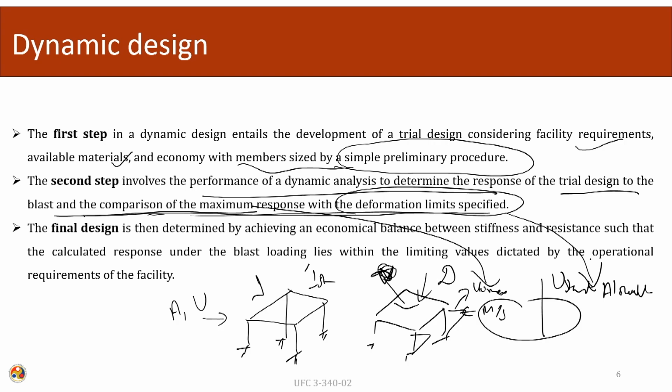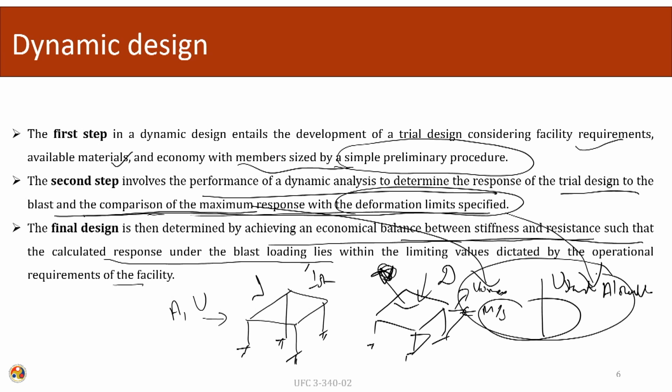And the final design is then determined by achieving an economical balance between the stiffness and the resistance, such that the calculated response under the blast loading lies within the limited value dictated by the operational requirement of the facility. So, once we have this comparison, now this is being optimized, to achieve a parity between the economy as well as the requirement of the resistance.